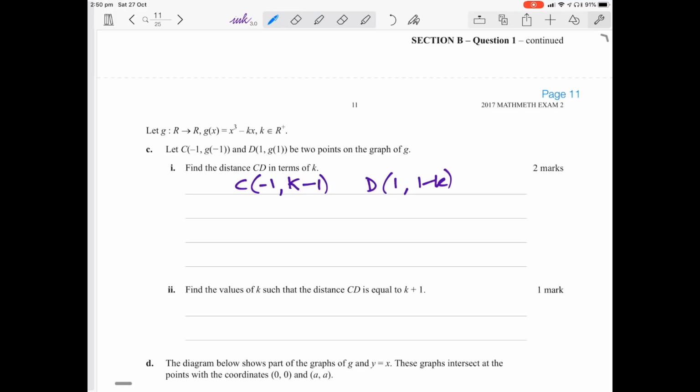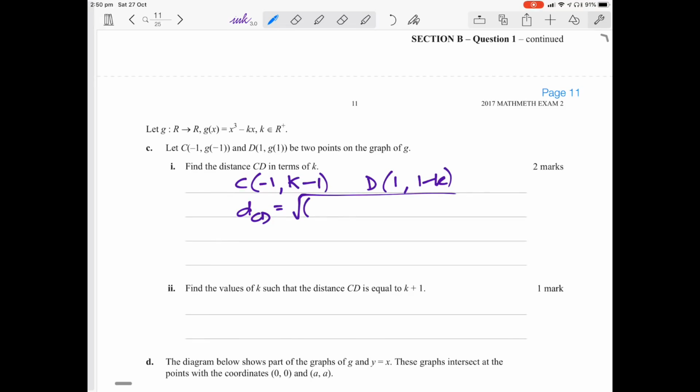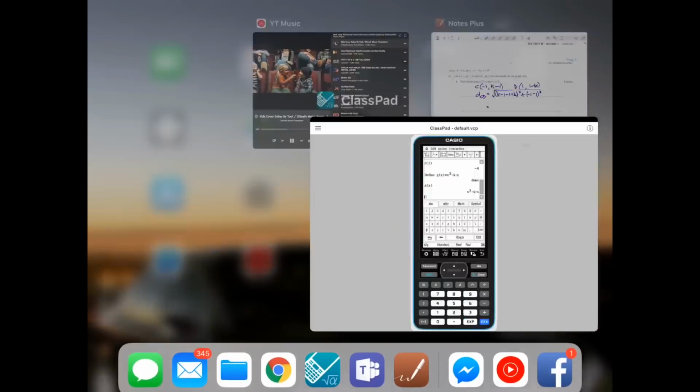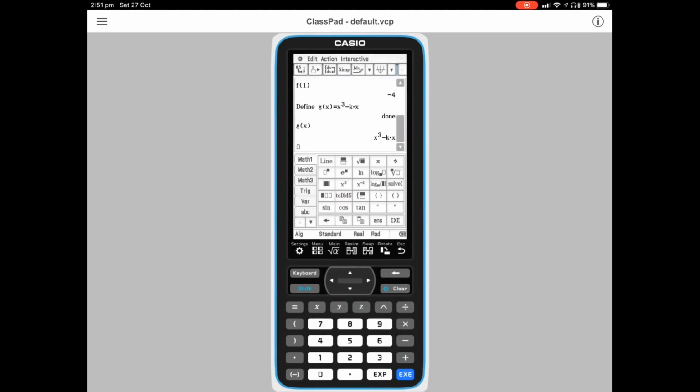So the distance from C to D is the square root of (k minus 1 minus 1 minus k) squared, plus (negative 1 minus 1) squared.